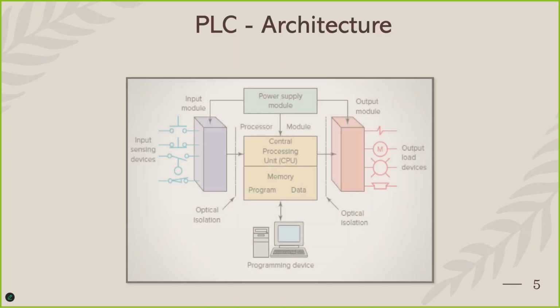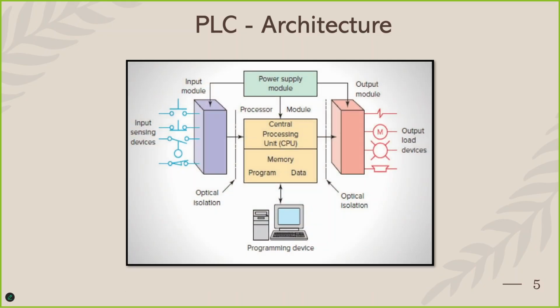Now we'll briefly talk about PLC architecture. A PLC comes in different physical forms. However, its internal architecture is the same. It's basically the same structure. Like we mentioned in the definition, there is the input side of a PLC, which you see here. There is the output part of the PLC, which you see here.